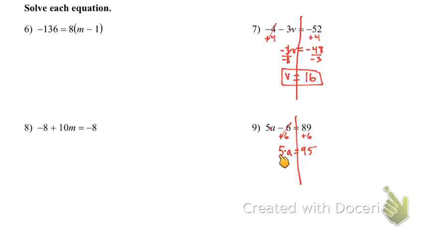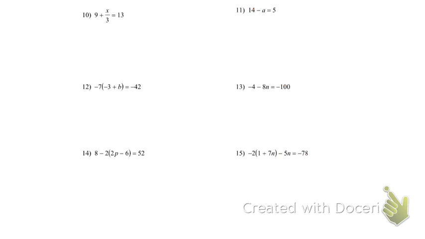Because we want the 5 to go away, divide both sides by 5. And A equals 19. All right. Jump over to number 11.